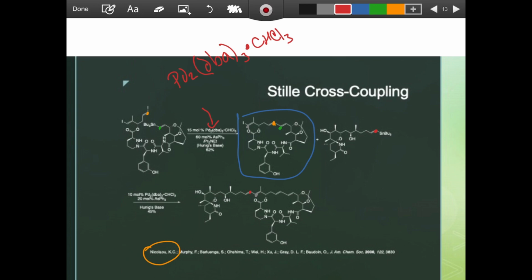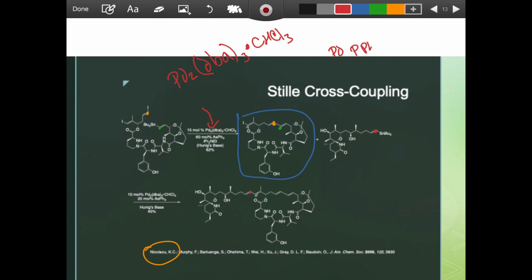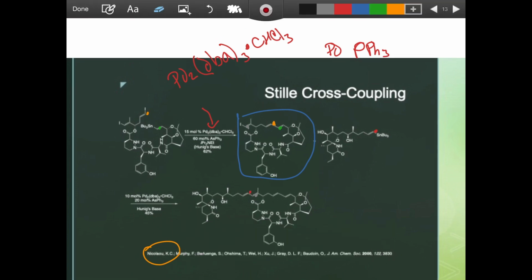This is kind of not unique, but different than a lot of the other palladium ligands we've talked about, right? Because most of them we thought about where your palladium has a phosphorus, and that phosphorus dumps electrons into the palladium, and that's how it sticks together.